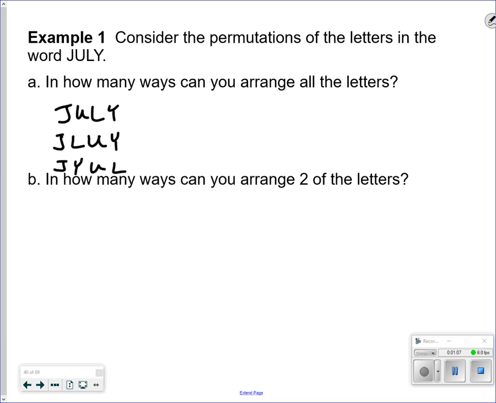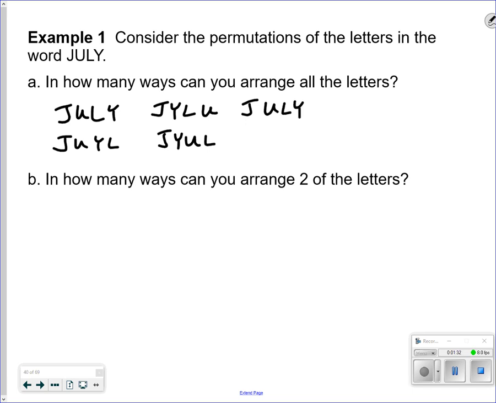and so hold on just a second, I'm going to go back here. So if the J is first and the U is second, then that's 2 different ways. So if the J is first and the Y is second, there is 2 different ways for that one.